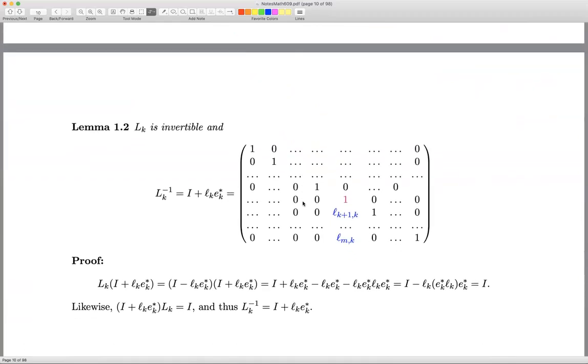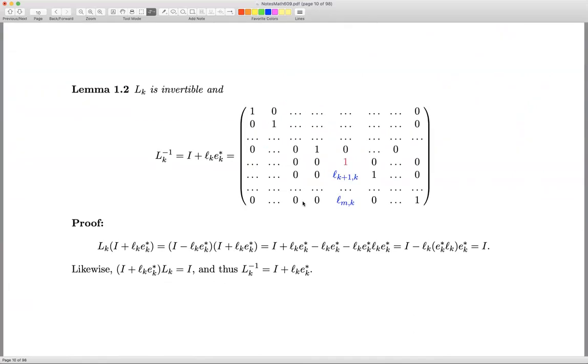And the proof of the lemma is not so difficult. To show that Lk inverse is this matrix, we have to show that the matrix Lk multiplied by this matrix gives us the identity.